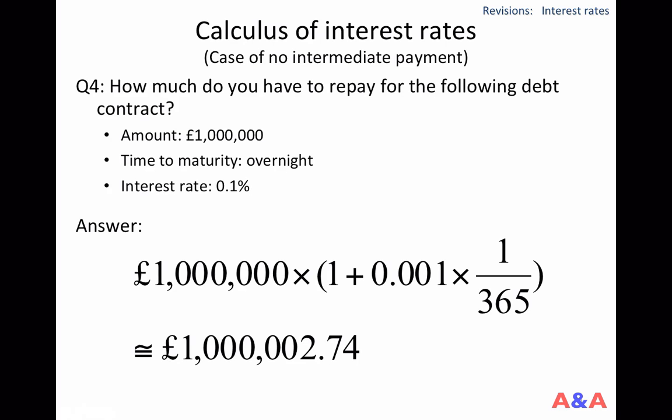The same, the borrowed amount £1 million times 1 plus interest rate, which is always annual, 0.1% comes here, times 1 day out of 365 days, because you borrow only overnight, and if you compute it, it's approximately equal to 1,002.74 pounds.